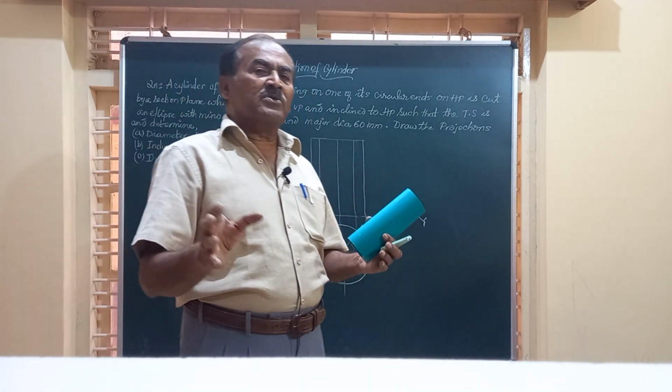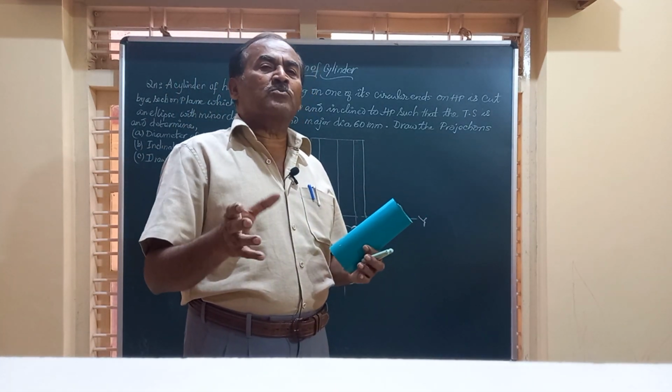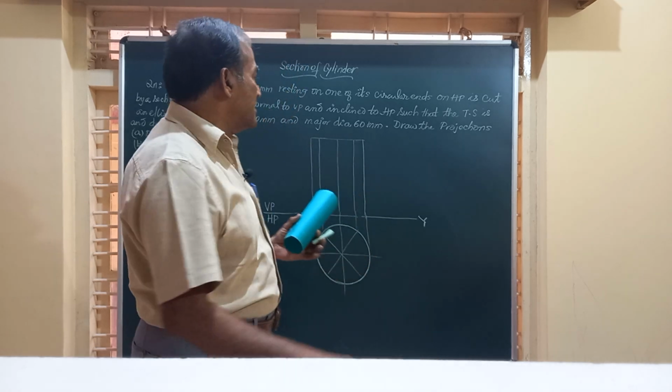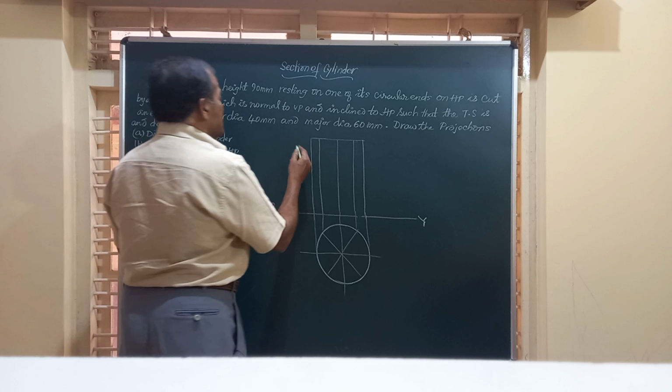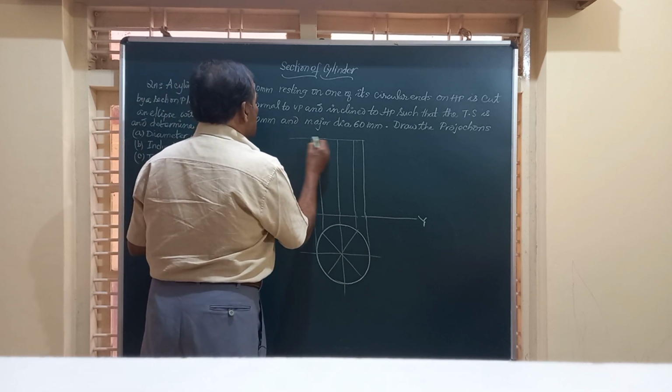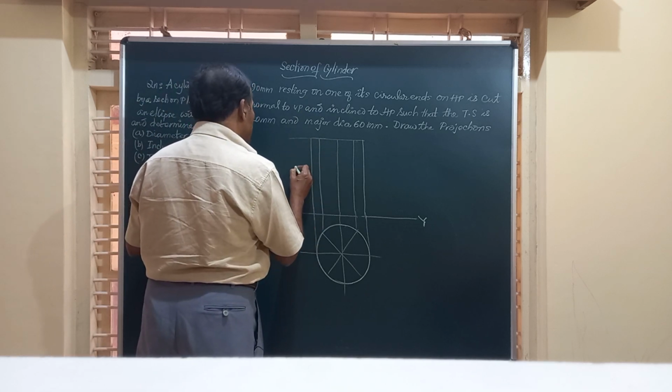He has not given us anything about the diameter of the cylinder, and only the height of the cylinder is being given. The cylinder is having a height of 90 mm.